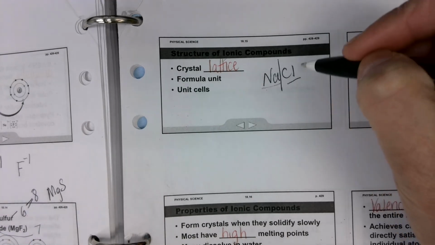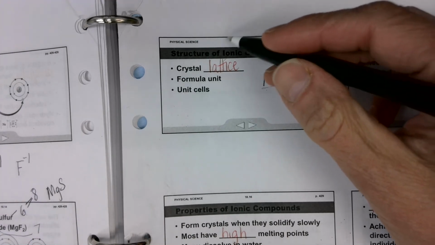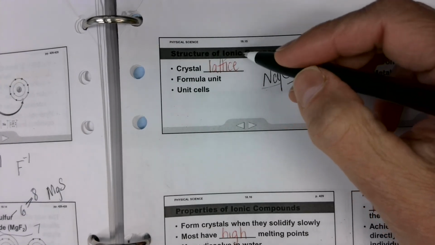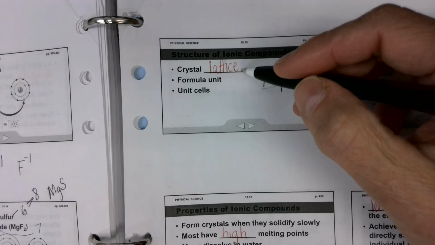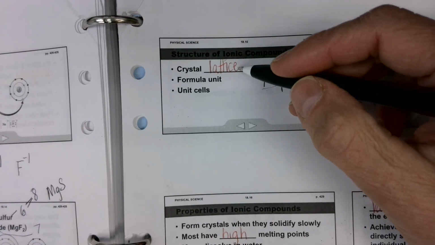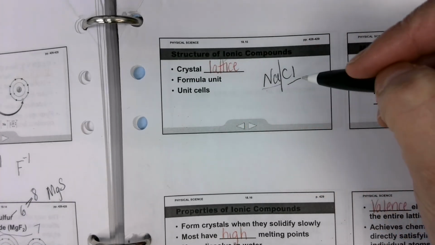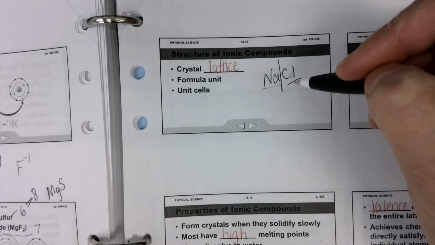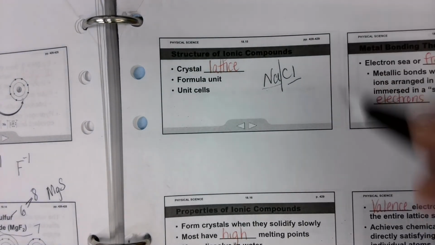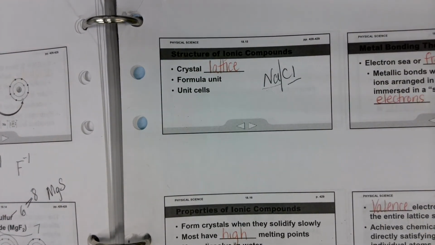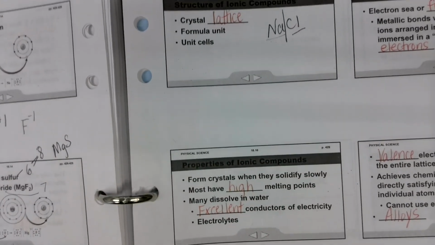One is going to give, the other's going to take. They're going to form an ionic bond between each other, so they become an ionic compound, and there you have a crystal lattice. When you think crystal and you see lattice, think very structured, right? Look at table salt. Each of those little teeny tiny cubes, very distinct shape and structure there.